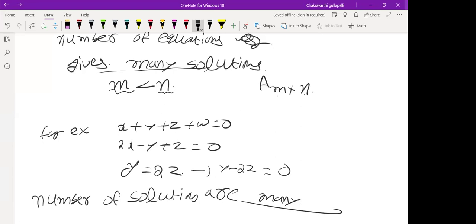You will like this. You will get questions like this in your entrance exam. So given any system, first see how many unknowns and equations there are. Is it homogeneous or not? If it is homogeneous, with unknowns more and equations less, definitely many solutions. If it is equal, we cannot say. If m is more than n, we cannot say.